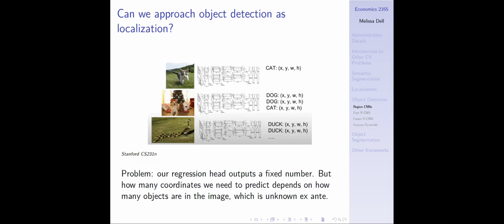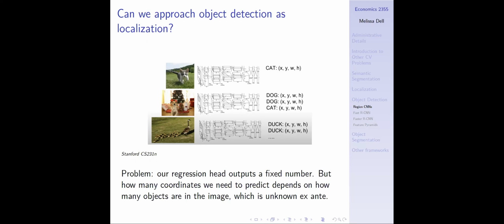The reason we couldn't just naively do this is that our regression head is a fully connected layer that has a fixed number of outputs. But how many coordinates we need to predict depends on how many objects are in the image, and that's not known ex ante, right? You might have a cat, or 2 dogs, or a bunch of ducklings.